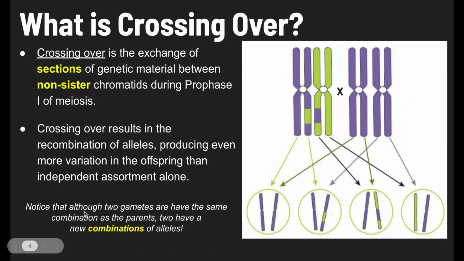So notice, although 2 gametes have the same combination as the parents, so you can see this purple one would be like up here, and this fully green and fully purple one would be like the parents up here, 2 of them now have new combinations of alleles, and that's what you see in the middle here.